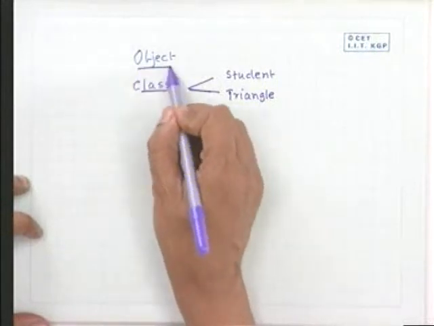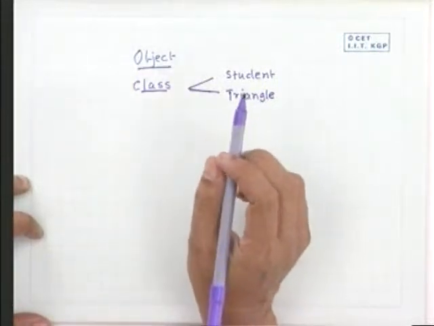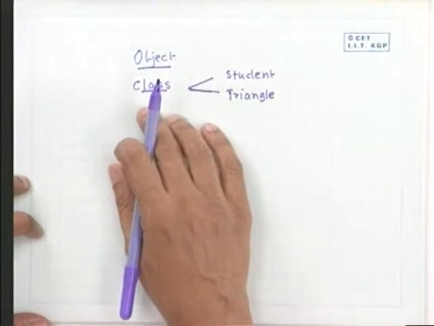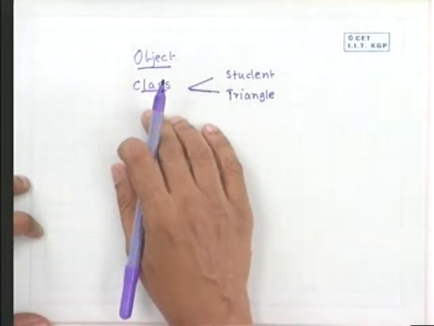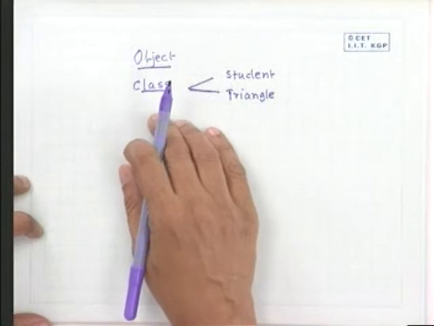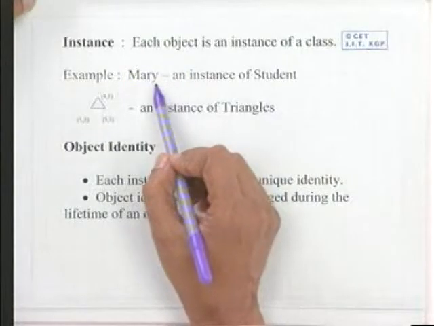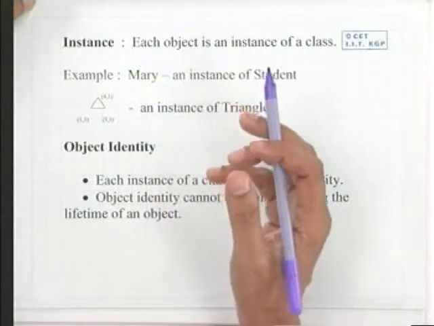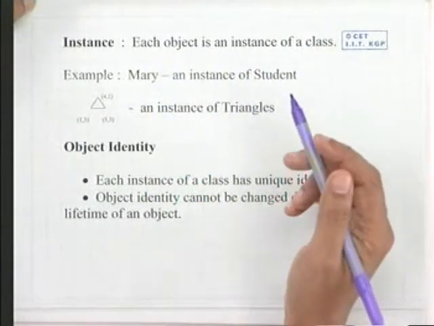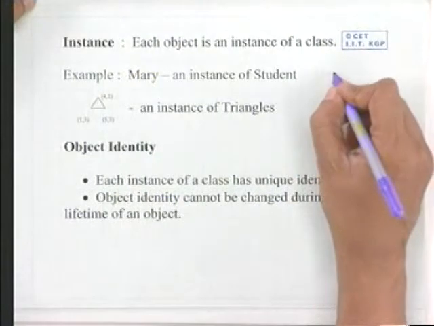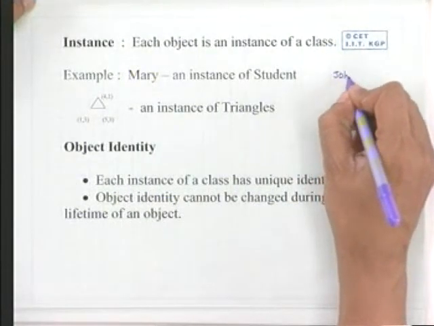To begin with, we first distinguish between the class and the object, in the sense that whereas a class contains objects having the same structure and behavior, each object may be thought of as an instance of a class. For example, Mary, if you think of Mary as a student, is an instance of the class student. Similarly, we may have another student whose name is John.